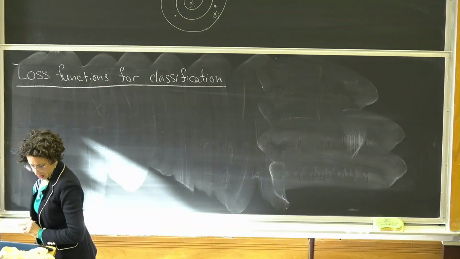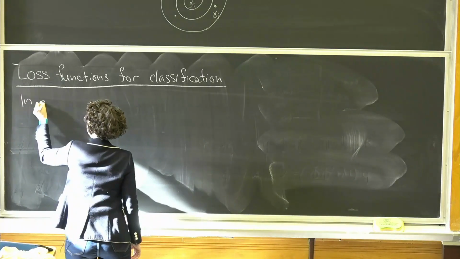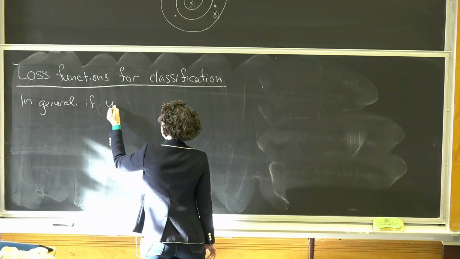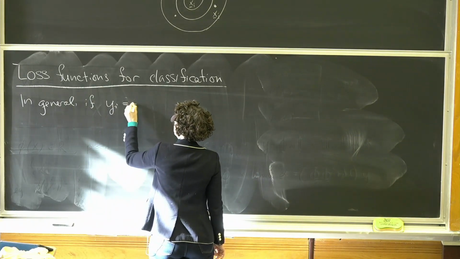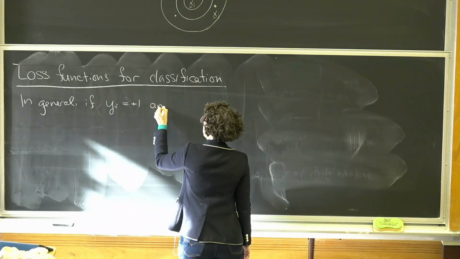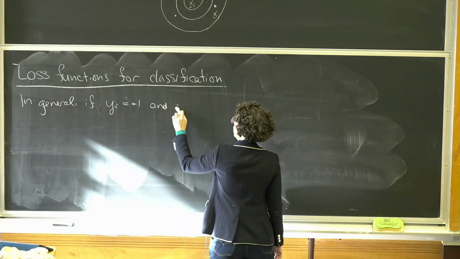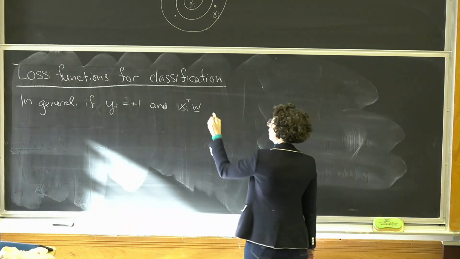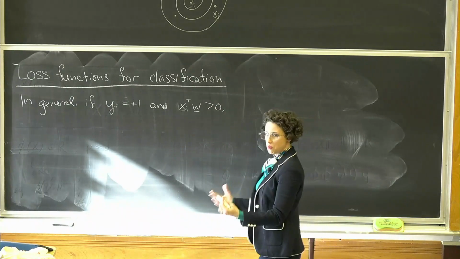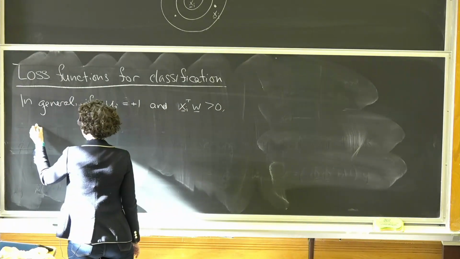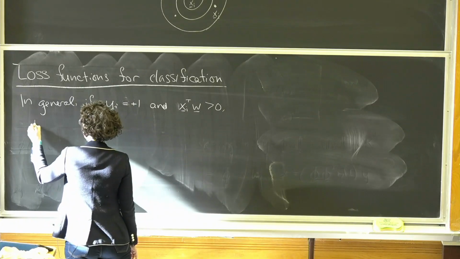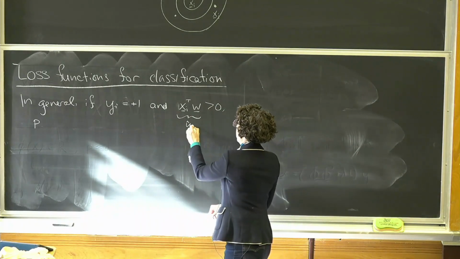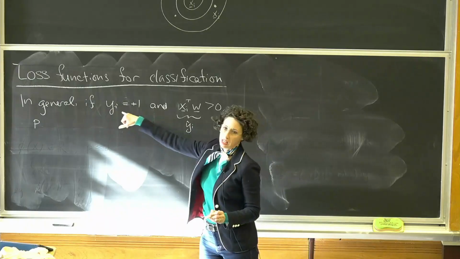In particular, in general, if our label yi is +1, and we have that our feature vector xi transpose times whatever weight vector we end up choosing is greater than 0, then, remember that this is y hat, now y hat i and yi are going to have the same sign.